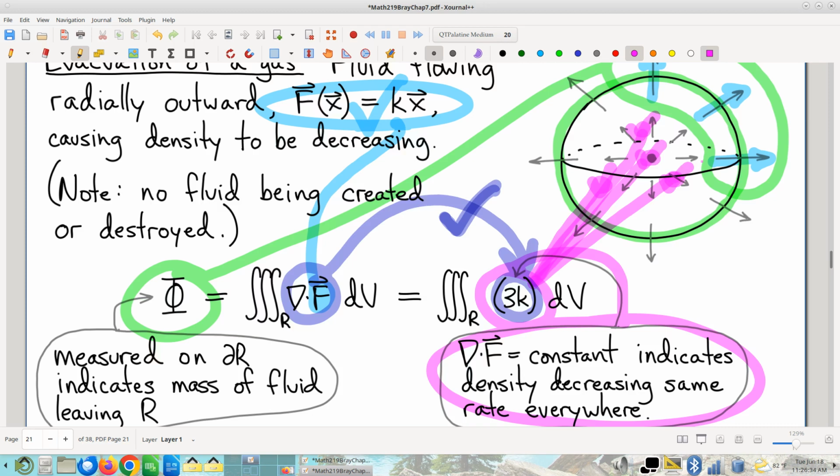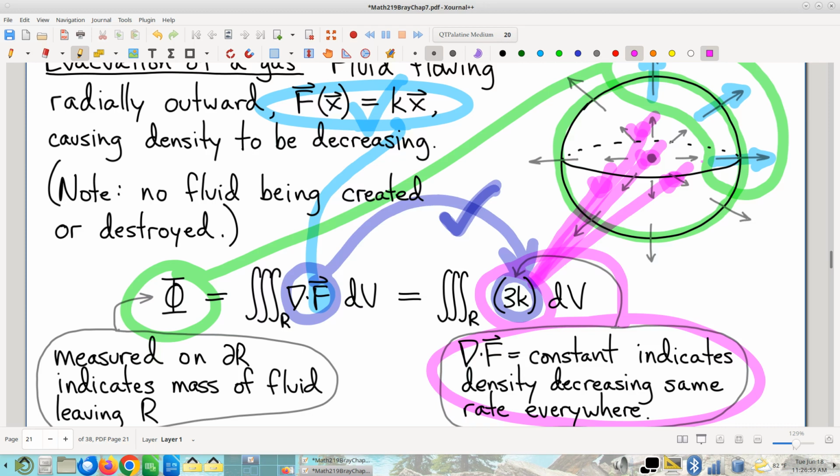Because if you have a gas that's expanding, you can't have a situation where there's a higher density over here and a lower density over there. The pressures would equalize that. So it should be a uniform decrease of density, because it's a uniform expansion of the fluid.